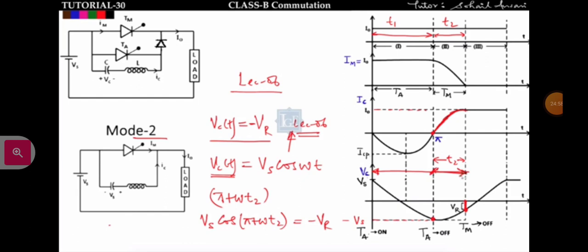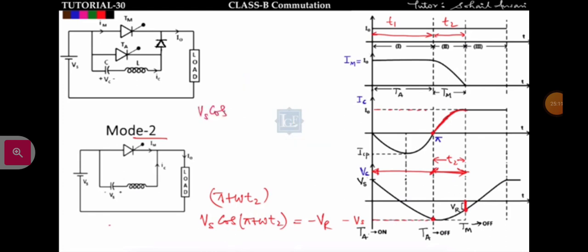So pi plus omega t2 will give the capacitor voltage at this point. At pi plus omega t2 the capacitor voltage is minus VR. So I can write Vs cos (pi plus omega t2) is equal to minus VR. So VR will come out to be minus Vs cos (pi plus omega t2).